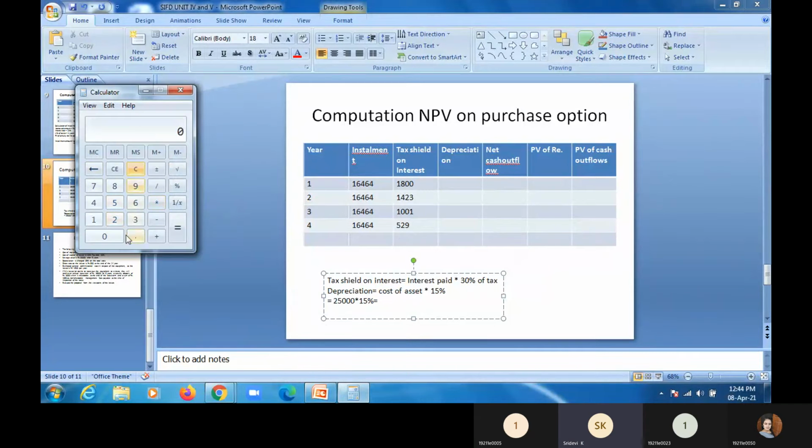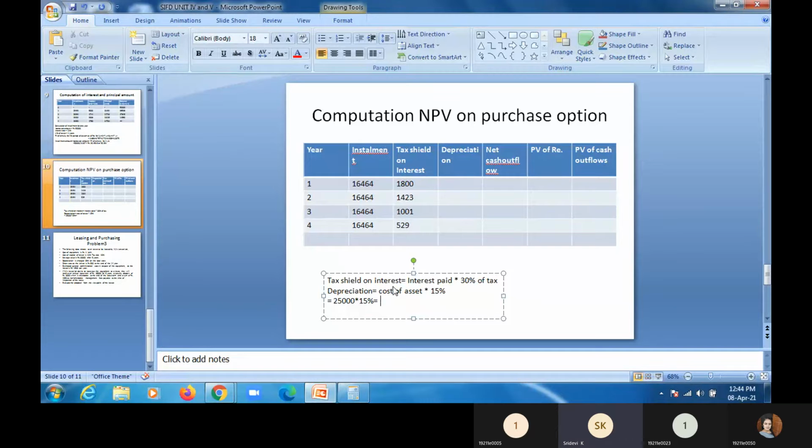So let us take 25,000 into 15 percent. So 3,750 per year you will be deducting as depreciation. This is straight line basis, so every year you take the same depreciation value, 3,750, for all the years.